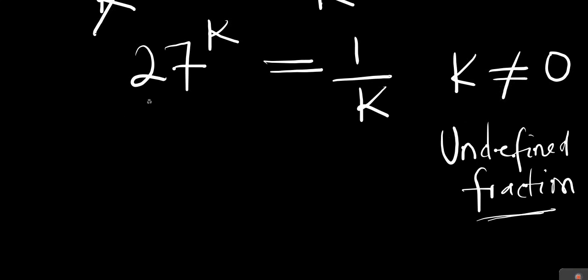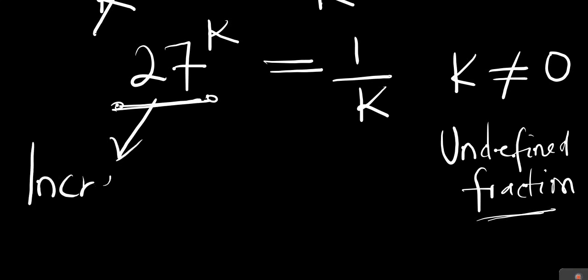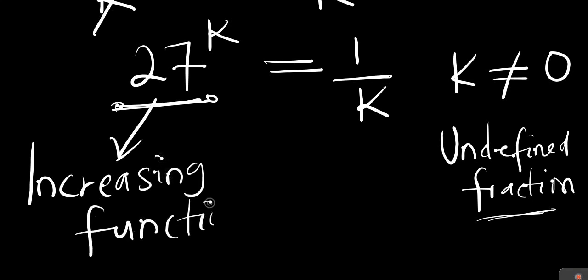Now, 27 power k here actually stands for a particular type of function. This is an increasing function, because this function will continue to increase when the value of k increases.